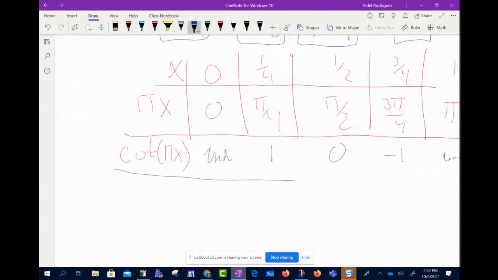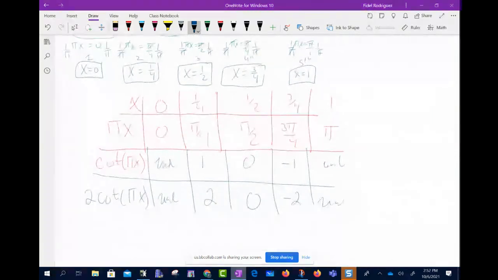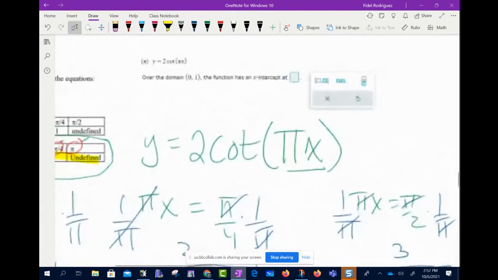Okay. So 2 cotangent of pi x, that's still undefined, 2, 0, -2, and undefined again. Okay, that's right. So, I wanted to make my chart. Now I'm going to come back, I'm going to look at the original question.